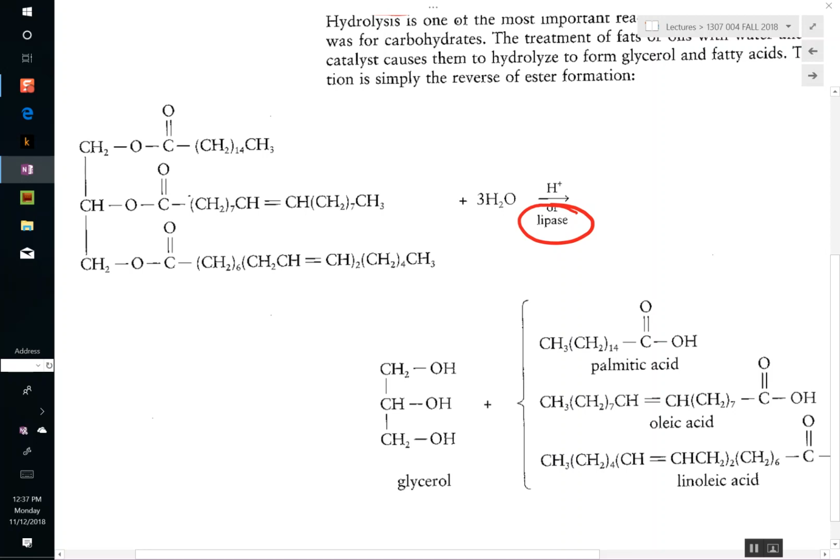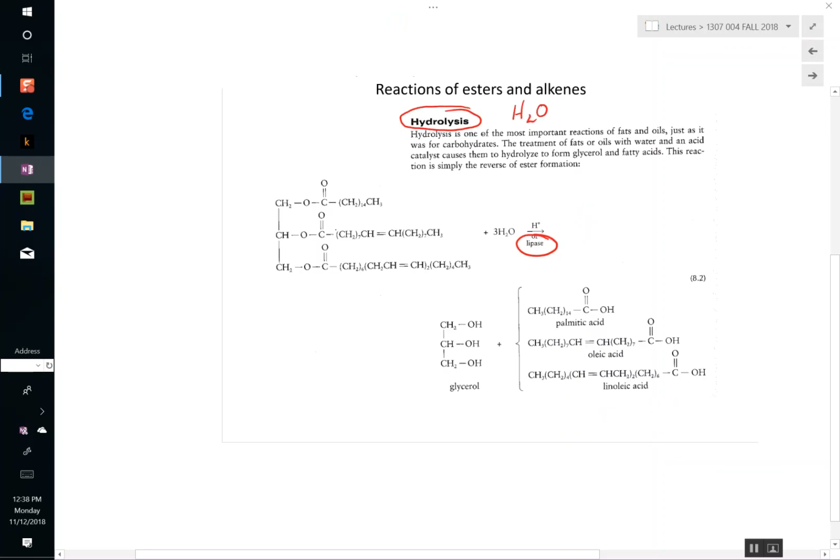In the body, if the body has a triglyceride and actually does want glycerol for some reason, or does want to use the fatty acid for some reason, or wants to metabolize that fatty acid, actually wants to burn it, it may start with lipase and break it down into its components and then process it from there. All right, so that's hydrolysis.